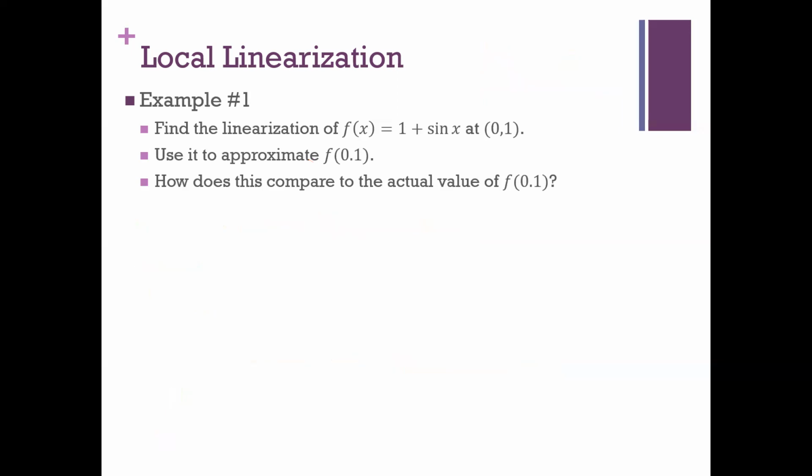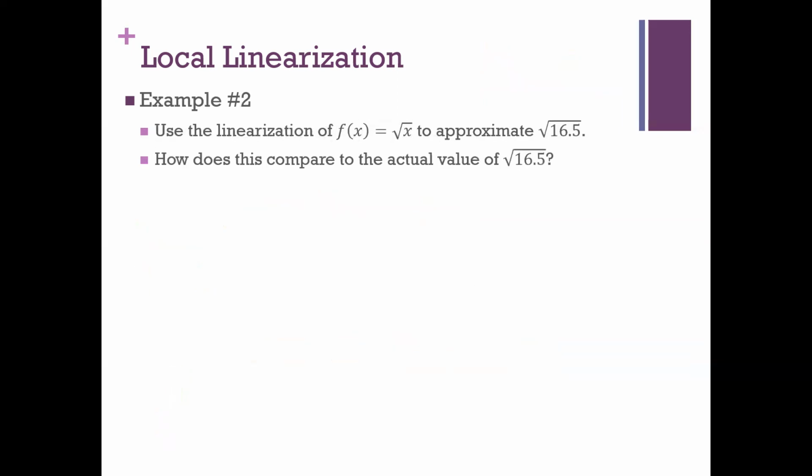All right. I want to use the linearization of this function to approximate radical 16.5. So I'm giving you the function that I want to linearize. I didn't really tell you a point around which to linearize.